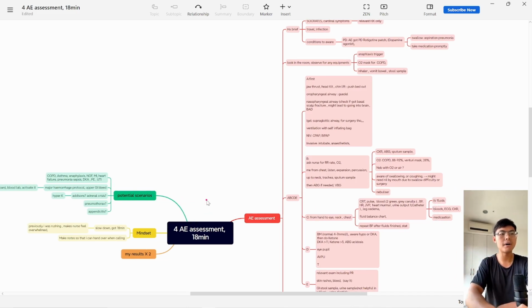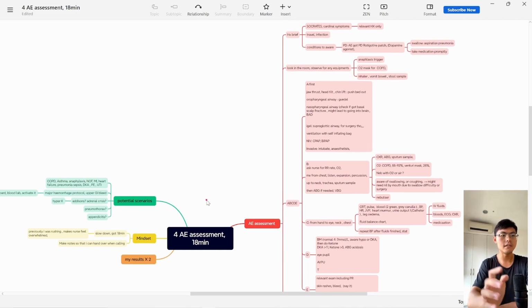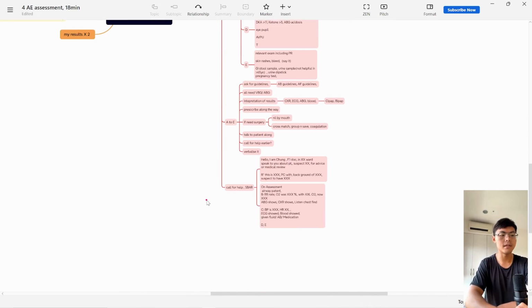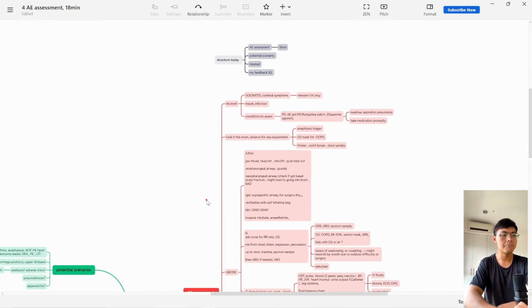But the hard part is that instead of finding the cause, you need to do the appropriate management at the appropriate time. So B for nebulizer, C for antibiotics. I think that's the hard part, as well as the time. But that's everything I know about A to E assessments.